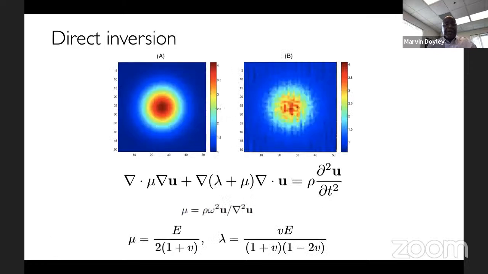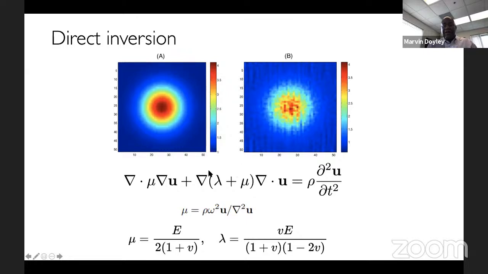Now, what a lot of folks have done is, if you know a lot about tissues, you know that they're made primarily of water, at least 90% water, and so they're very incompressible. If they're incompressible, then the divergence of displacement you can almost set to 0. And if you set that to 0, you end up with a Helmholtz equation.